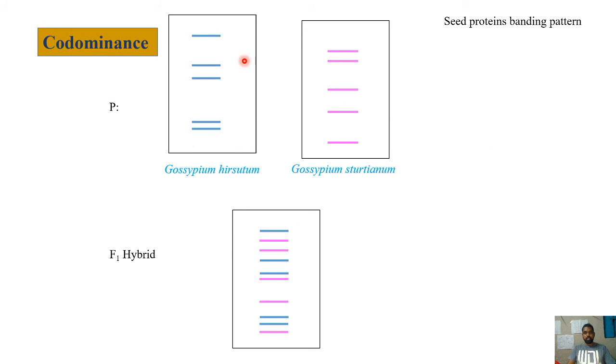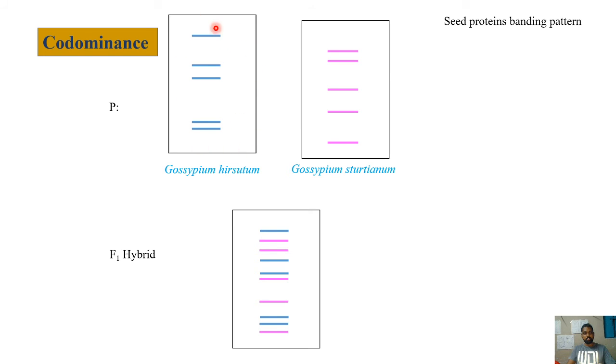Codominance can also be seen in the Gossypium plant. There are two different species shown here. This is one species, Gossypium hirsutum. In this Gossypium hirsutum, this is the banding pattern upon electrophoresis. This is the gel used in the electrophoresis.